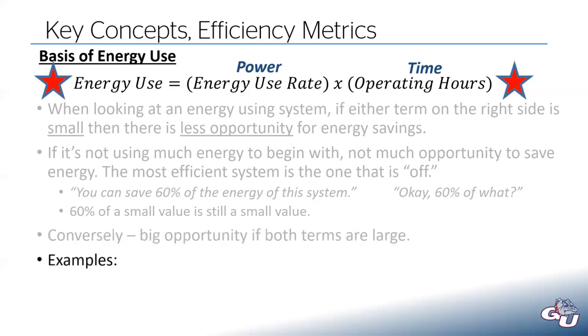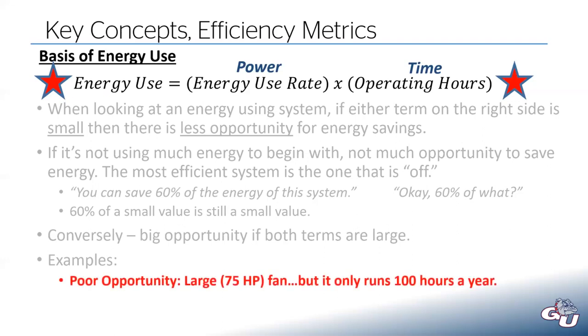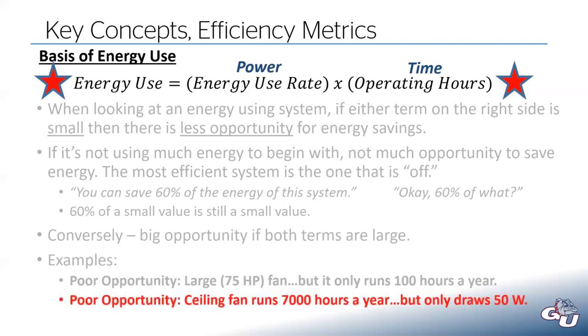So some simple examples. A bad opportunity. Let's say you have a large 75 horsepower fan. That would be a big power component, but it's only running a handful of hours per year. Or if you flip that around, you have a small ceiling fan that runs 7,000 hours per year, which is a large majority of the year, but it only draws 50 watts of power.